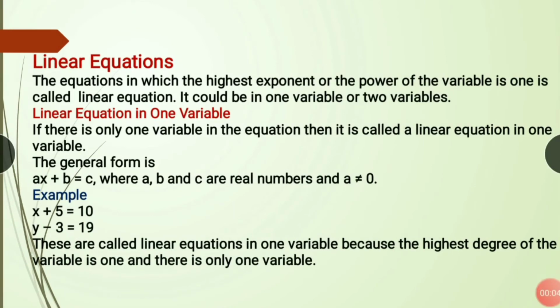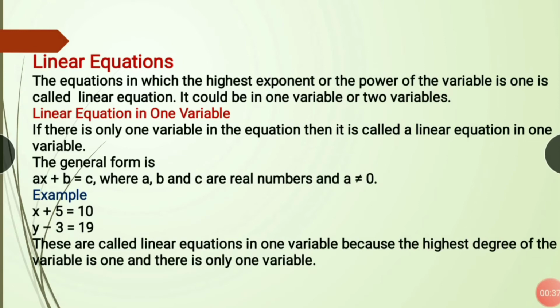So hope you understood what is the difference between equation and expression. Yes, in equation we use the sign of equality, but in expression we don't use the sign of equality. Clear? Okay. Now what is linear equation in one variable? Yes, a linear equation in one variable is an equation in which the highest exponent or power of the variable is 1.